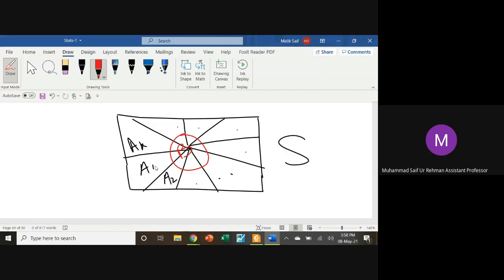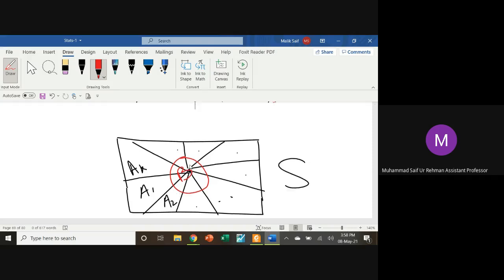So A_i intersection B is there in the formula: A1 intersection B, A2 intersection B, A3 intersection B, AK intersection B. So at least one event will be there to have B.